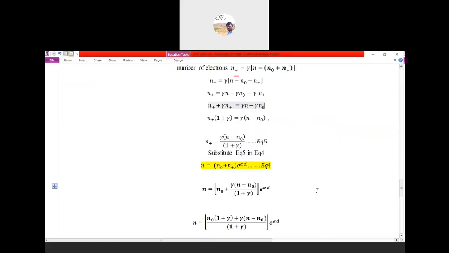Gamma is the effective electrons from the cathode.